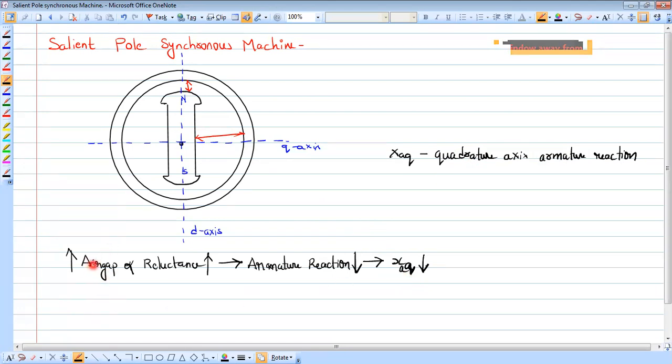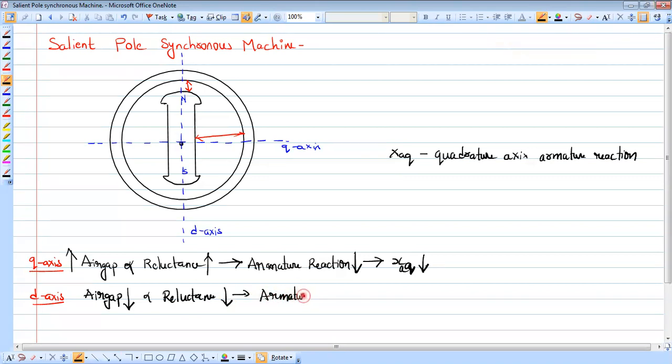Similarly, if you consider the direct axis, what is the air gap? The air gap between stator and rotor is smaller compared to the quadrature axis. Then what happens to the reluctance? Reluctance also decreases. What about armature reaction?